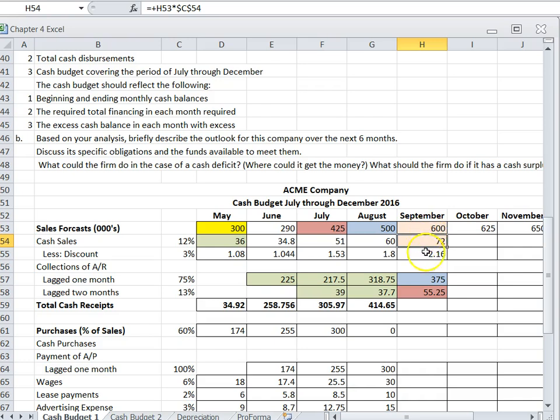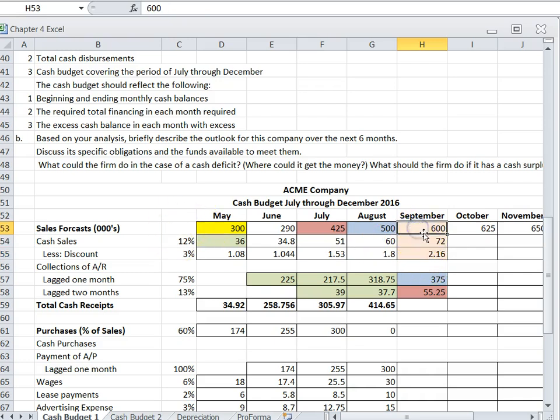Now, other cash collections in September, I'm going to be collecting 75% of August's money and then 13% of July's money. So I color coded them so you know that my cash collections of cash sales, my 1 month lag and 2 month lag are coming from these previous months. So the color matches where I'm multiplying the percentage by.